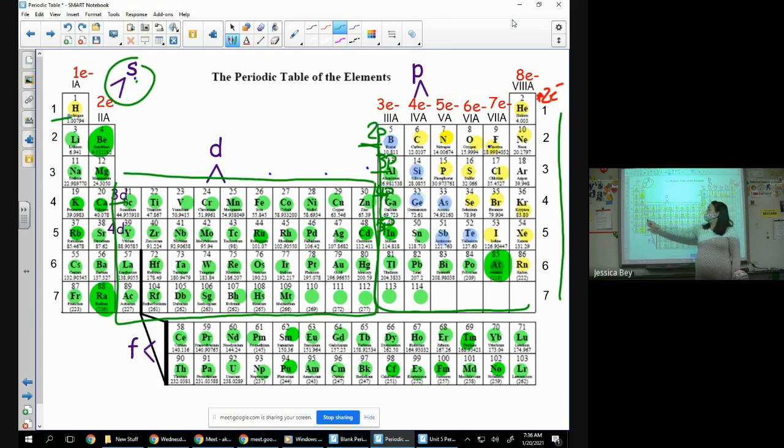And then 4d comes after 5s. Remember the D has 10, and after you get through there, you have to know after zinc comes 4p, because it comes back out to the p energy level.